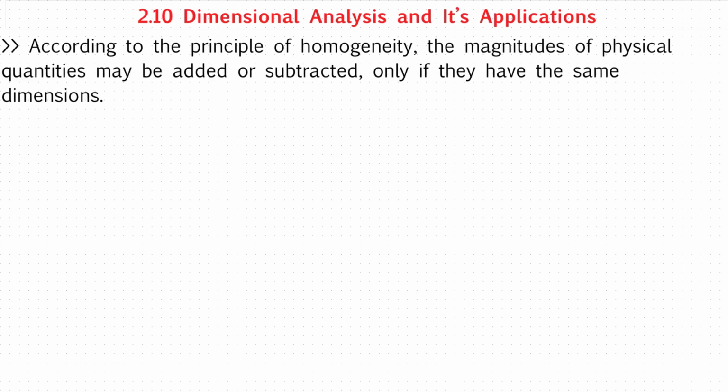Let us see topic 2.10, dimensional analysis and its applications. According to the principle of homogeneity, the magnitudes of physical quantities may be added or subtracted only if they have the same dimensions. This is very true. For example, in case of length, I can add 3 meter plus 6 meter because both have the same dimension.